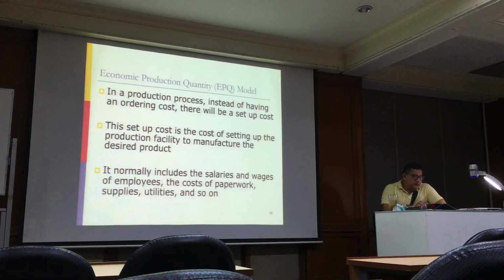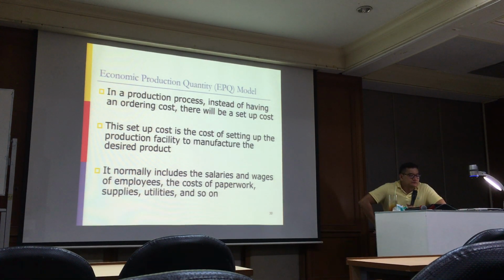In order to show you more, I need to use these terms to explain. For EPQ, we have no ordering cost anymore, but we use setting up cost instead. It means that every time we make the production, we pay the setting up cost. This is quite the same as ordering cost, but we call it setting up cost.